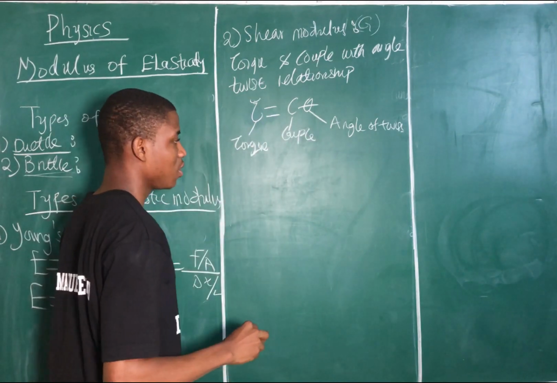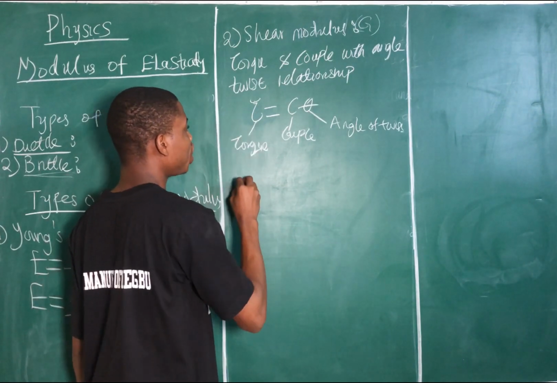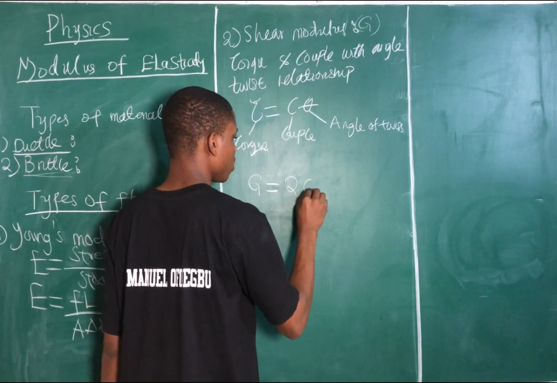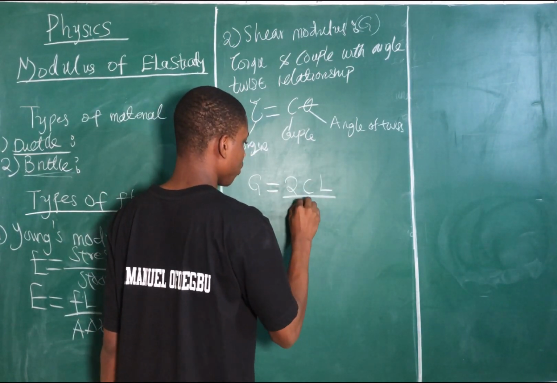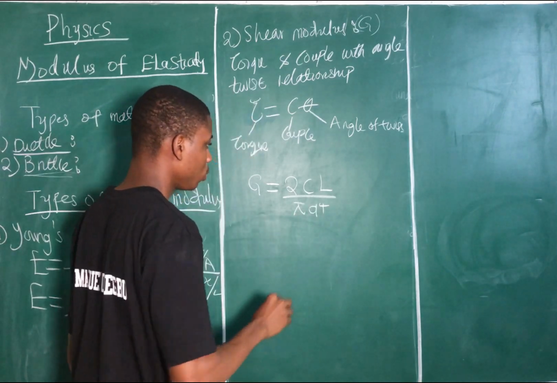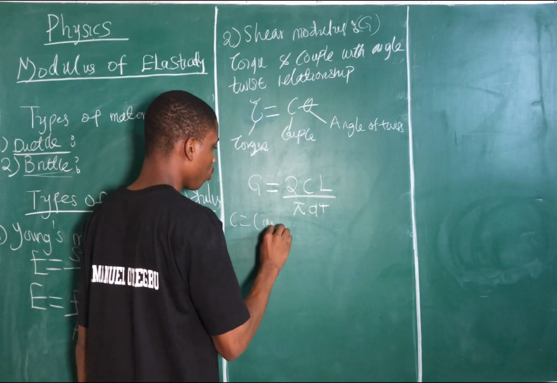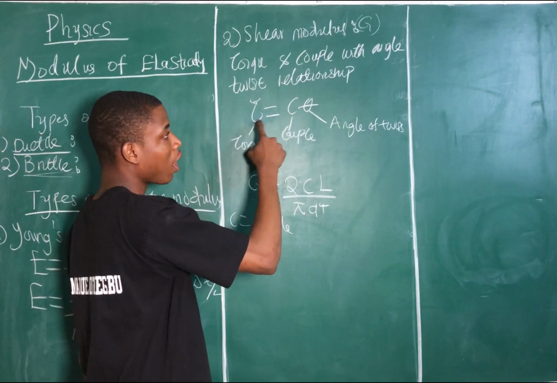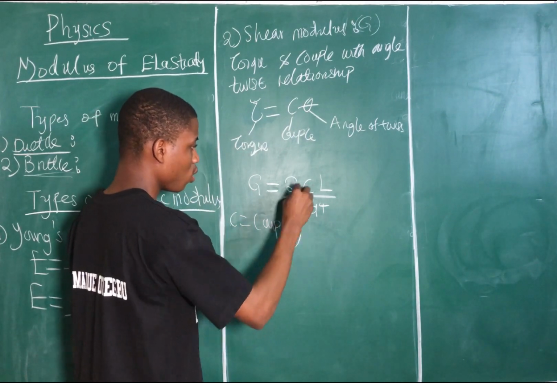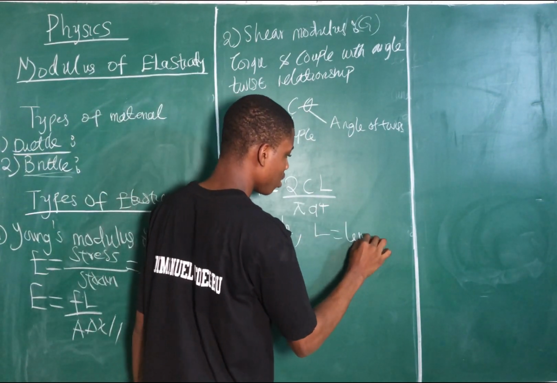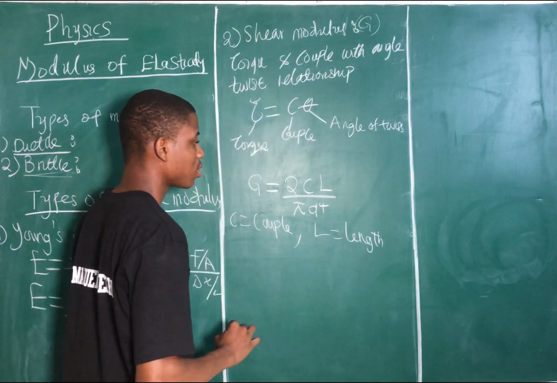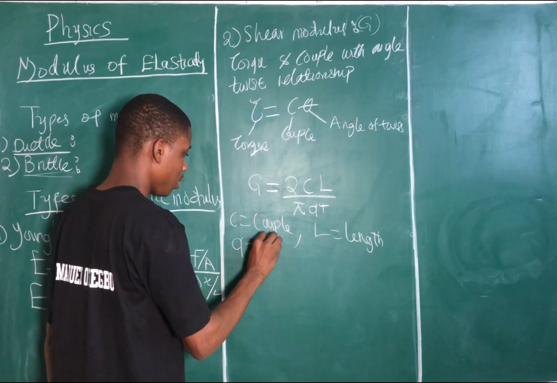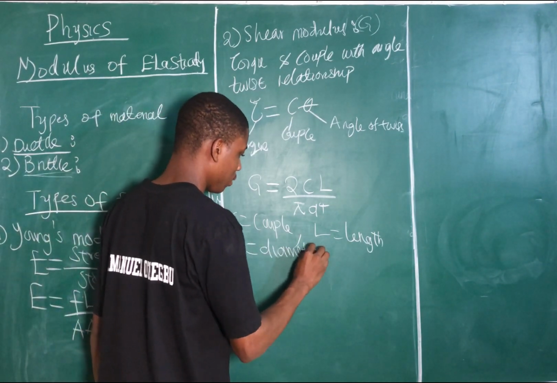Of course, the concept is easy. We denote the shear modulus as G equals 2CL over pi a raised to the power 4, where C stands for the couple, which can be gotten by knowing the torque and the angle of twist, L stands for the length of the twisted wire, and a stands for the radius of the wire.